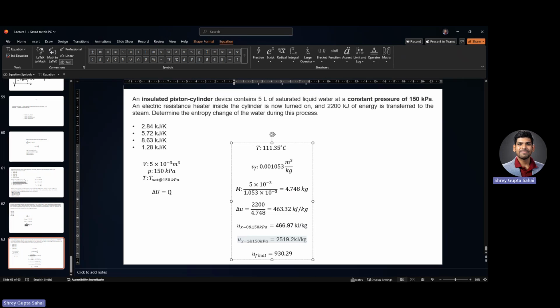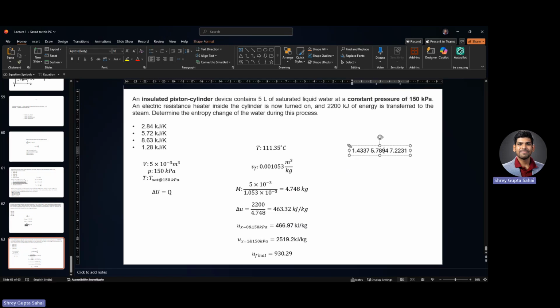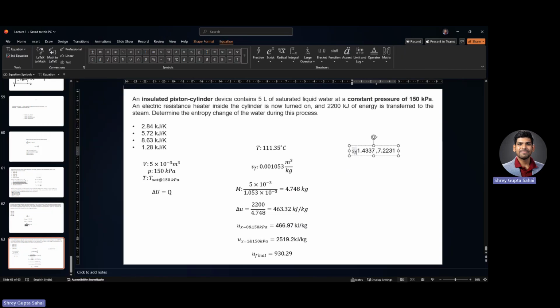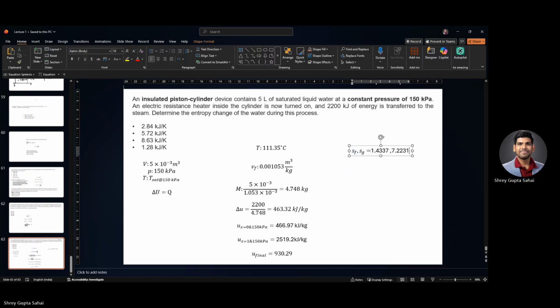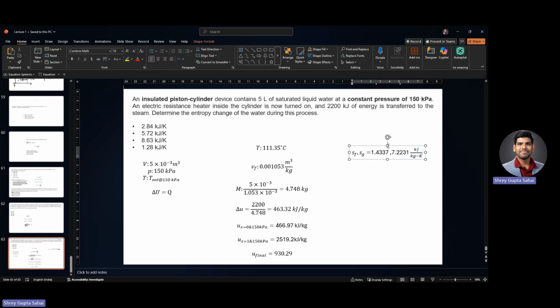So we can actually rule out a few options straight away by noting two things. SF and SG, the correct units, and let me put that unit also, kg Kelvin. So these are SF and SG.